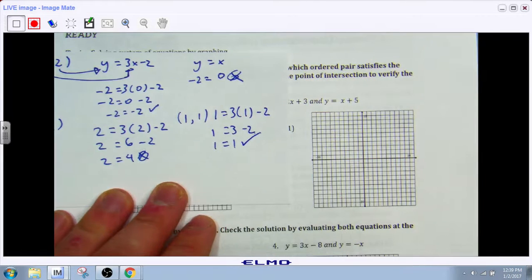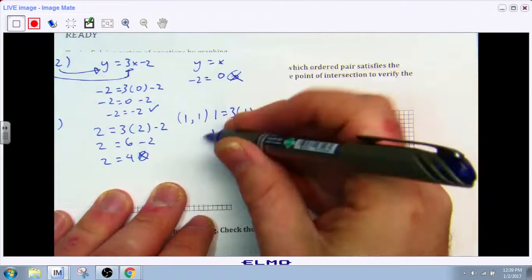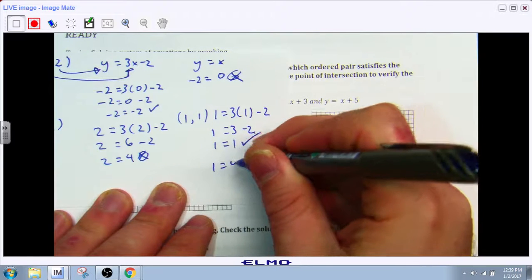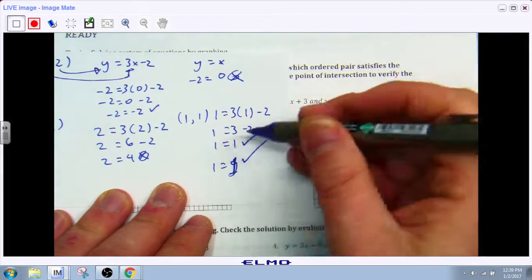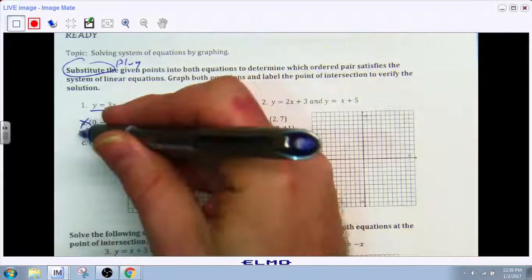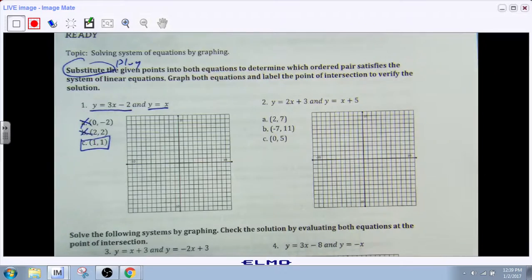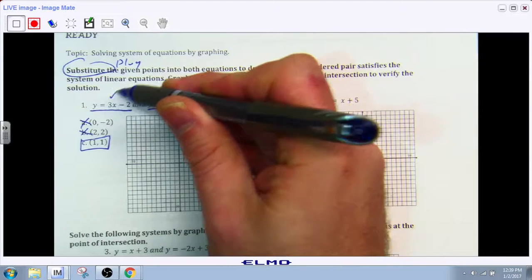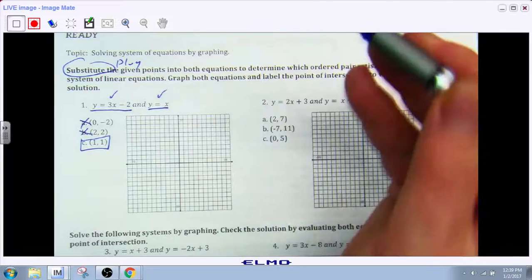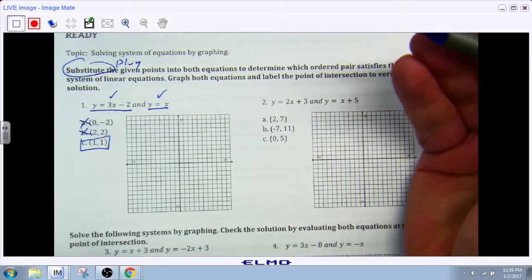Cha-ching. It works for that first equation, so let me try it with the second equation. 1 equals 1. Whoops, I wrote y because I was so excited. Yes, 1 equals 1. So (1, 1) is my solution to this system, because it's true for both this equation and this equation. If it's true for both, that must be the point of intersection.